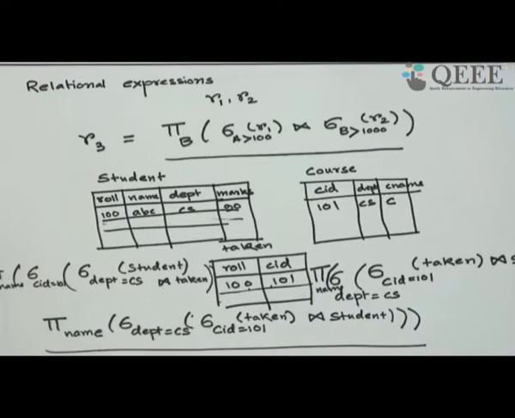So there are several ways of writing an expression for a query. The rule is that usually we take the expression which is easiest to evaluate, in the sense that you have to operate on the least number of tuples. For example, if only few students have taken the 101 course, if I do this, initially I will only get few rows, so I need to check only them.